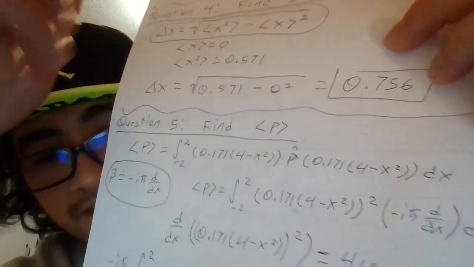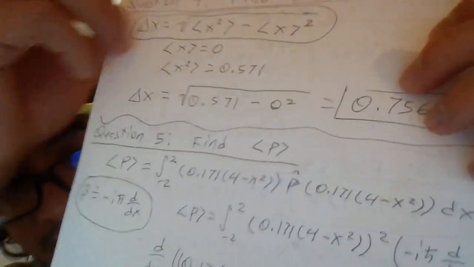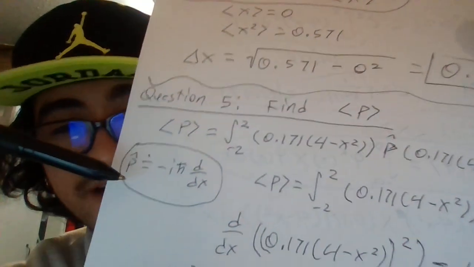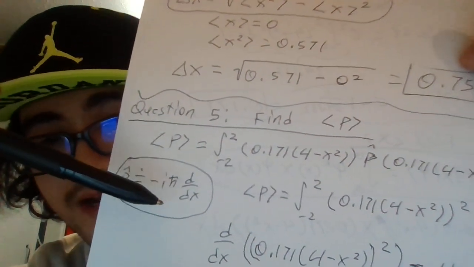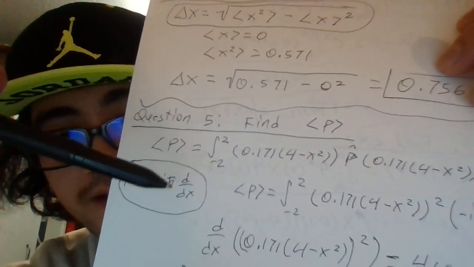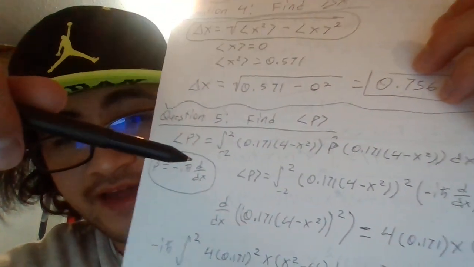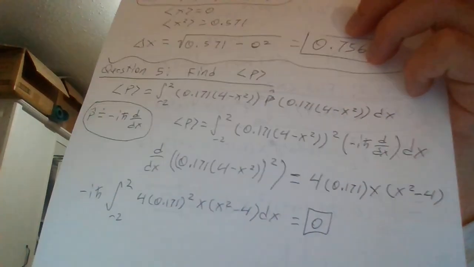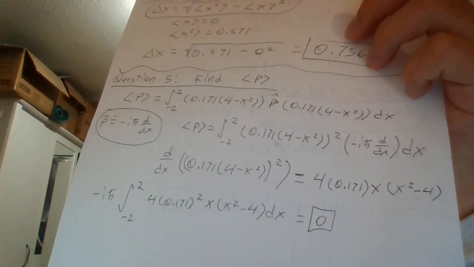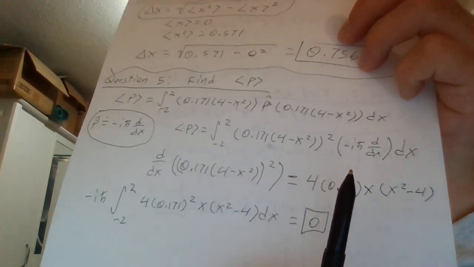That's kind of awkward, but you can find in the textbook that p can be represented as i h-bar times the first derivative with respect to x. So we have to plug that in, and that's what I did right here.